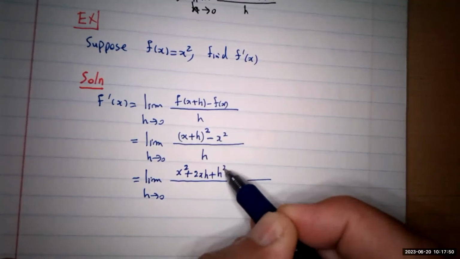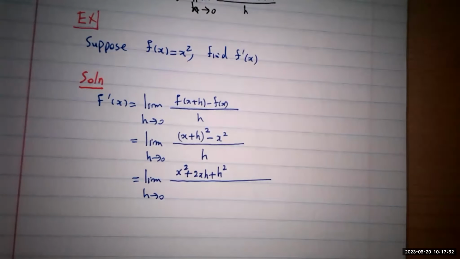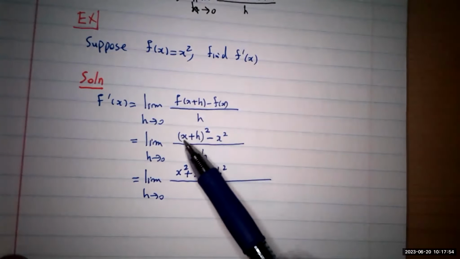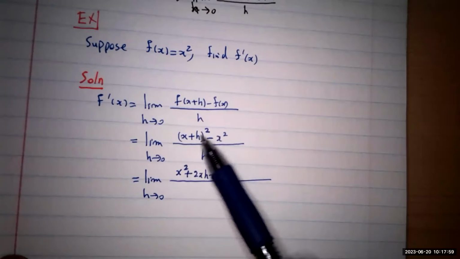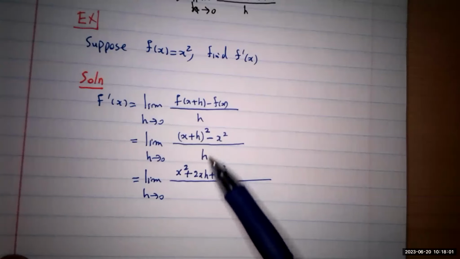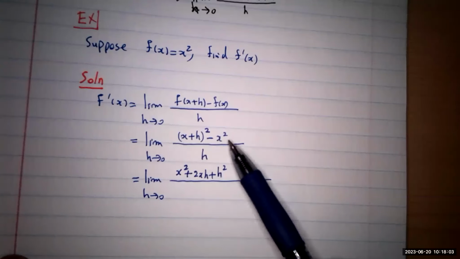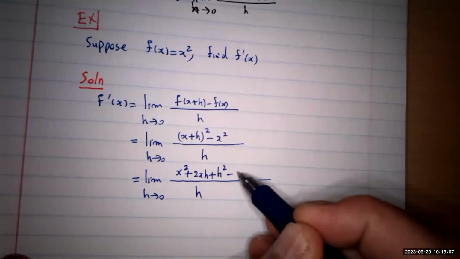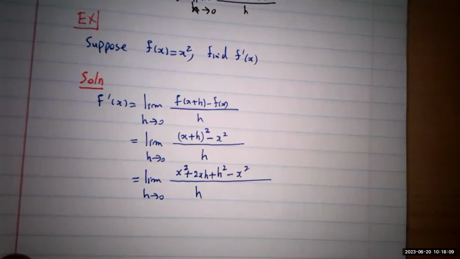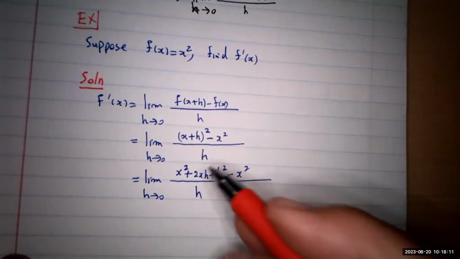If you don't know it, x plus h times x plus h, FOIL method: the square of the first, x squared, and you multiply these together, 2 times x times h, 2xh, plus h squared, minus x squared, divided by h. Now the x squared and x squared cancel out.